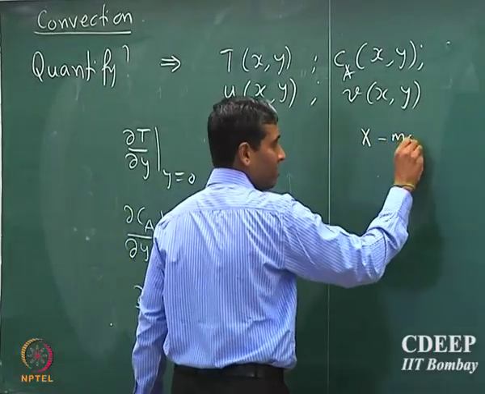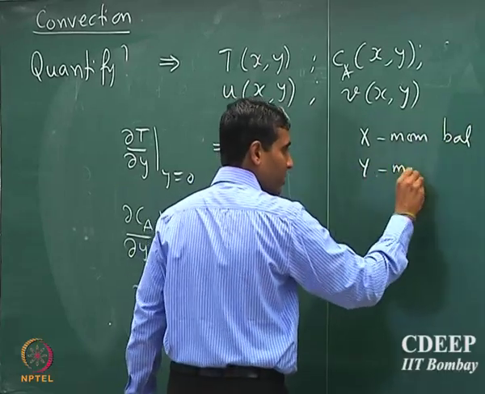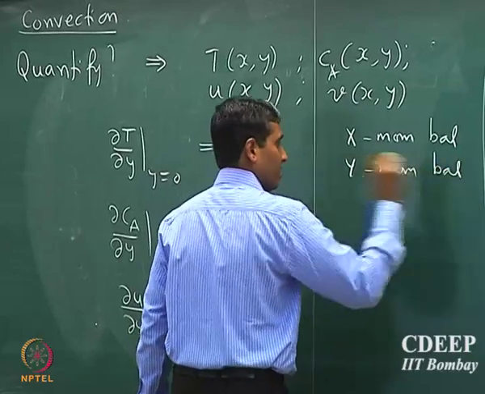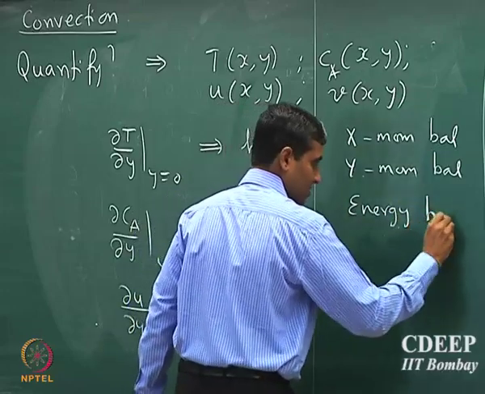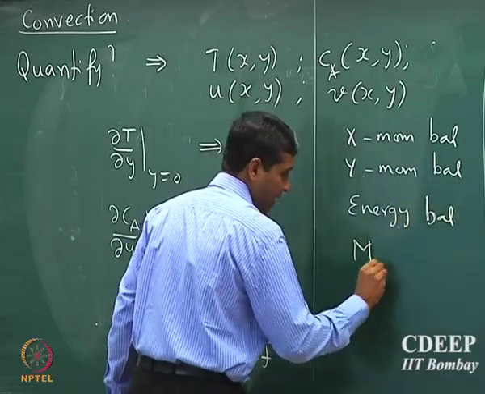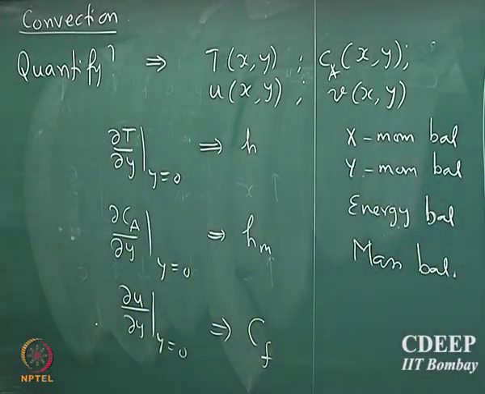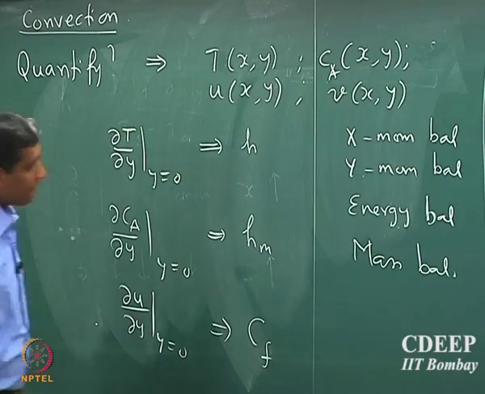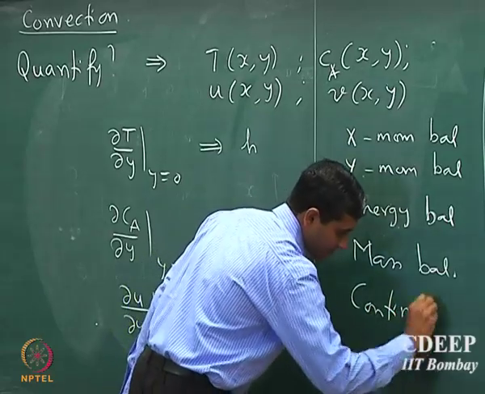So in order to find these, for u and v we need to write the x momentum balance, we need to write the y momentum balance, we need to write the energy balance, and we need to write the mass balance. So these are the four balances that we have to write, and of course the continuity equation has to be satisfied.